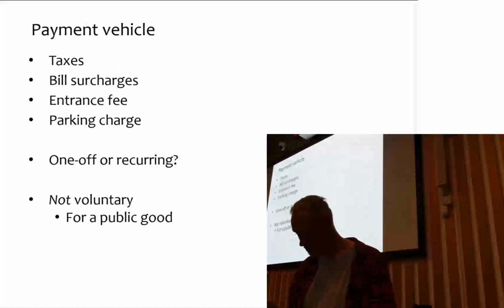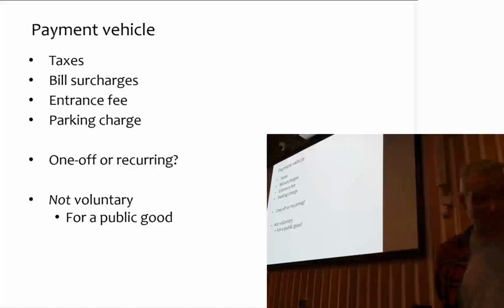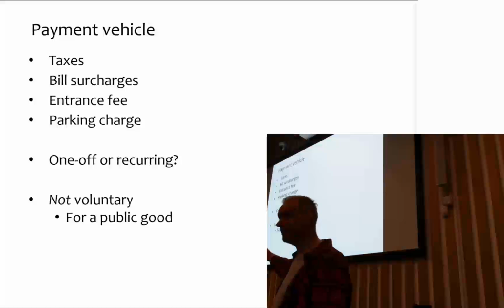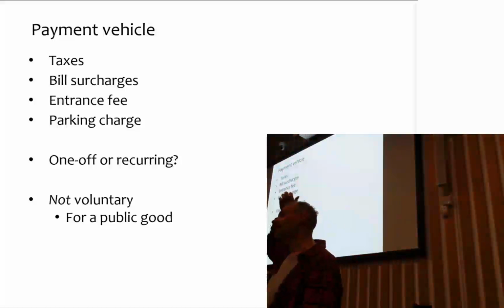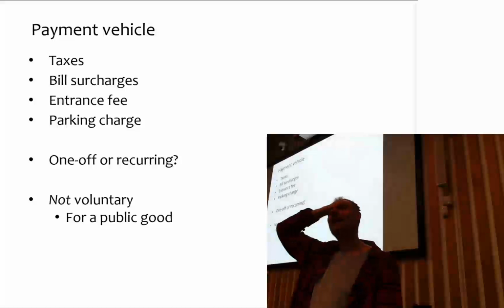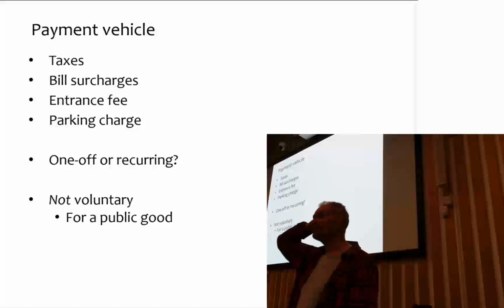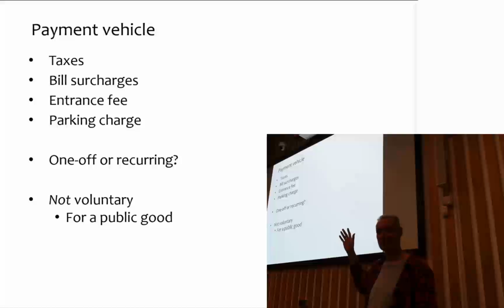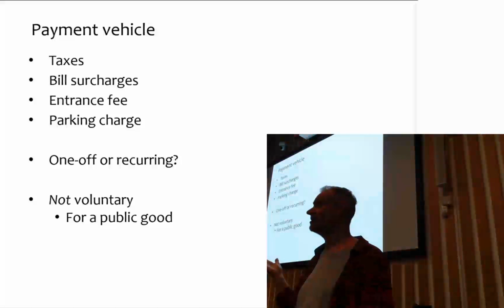Now let's turn to the payment vehicle. Very important. How are you asking for people's willingness to pay? So the first question you need to answer there is, how are we going to pay? Is this through an increase in income taxes? Is this through an increase in value-added taxes?